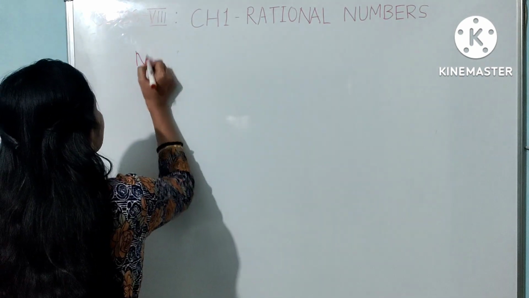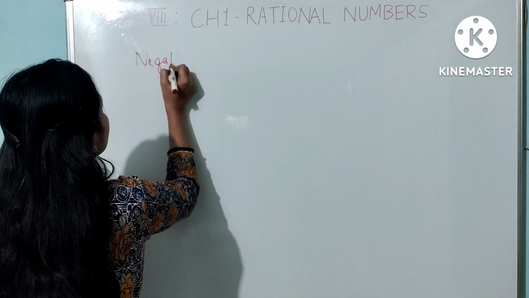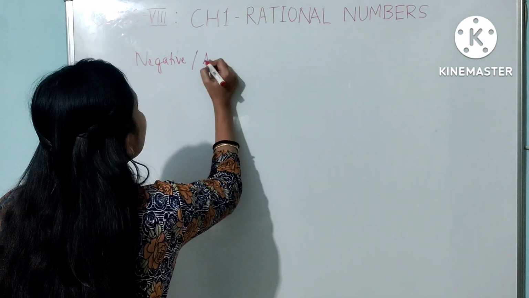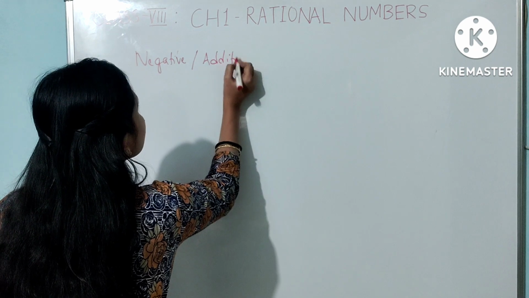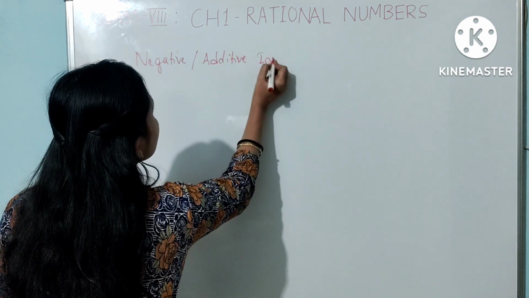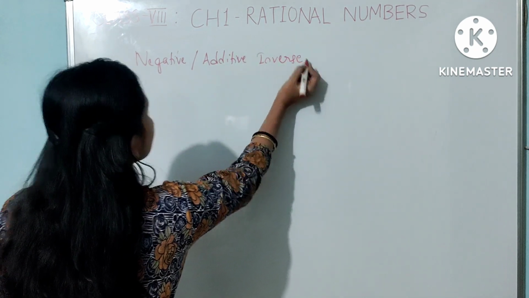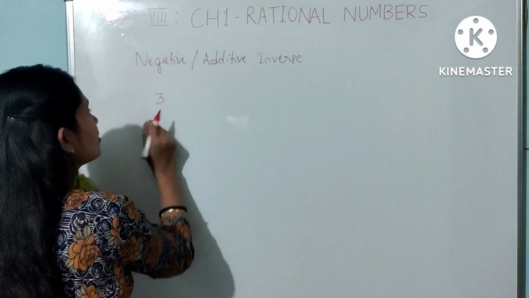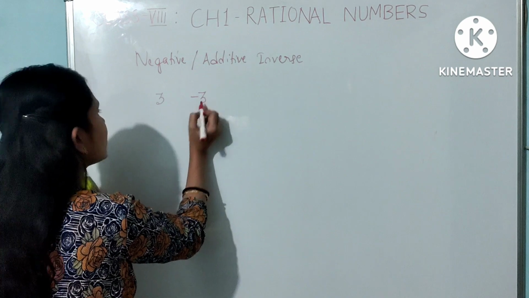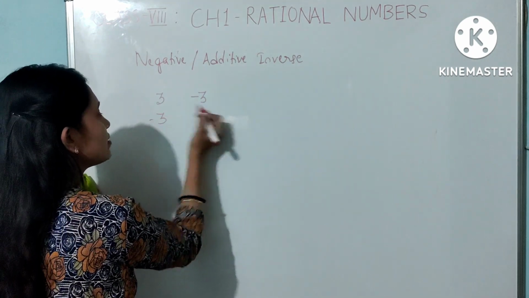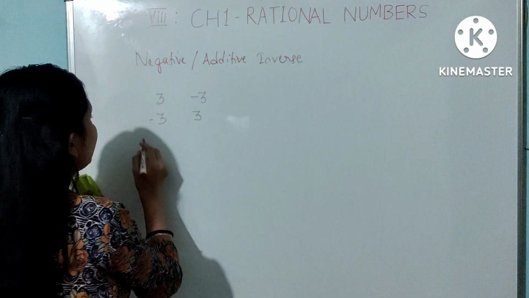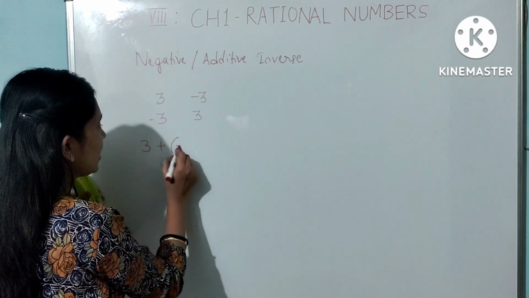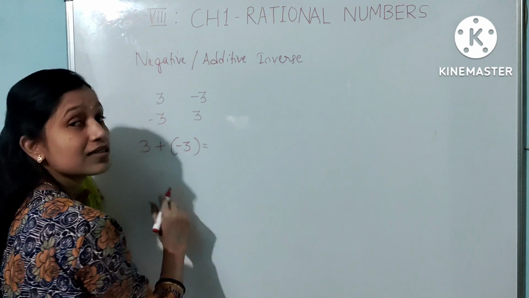So the next one is the negative, or what? Additive inverse. The negative of 3 is minus 3. The negative of minus 3 is 3. If we add 3 with its negative value, what is the answer?